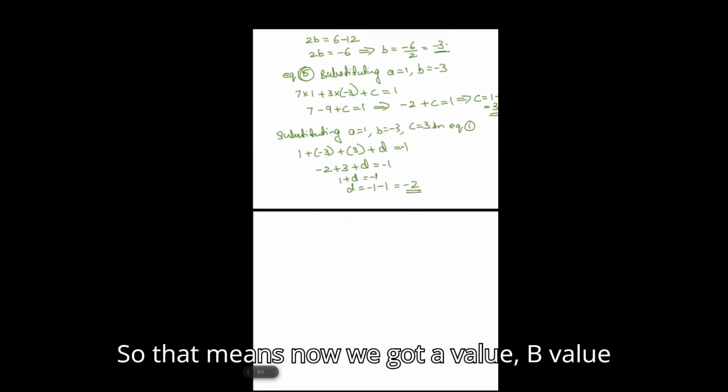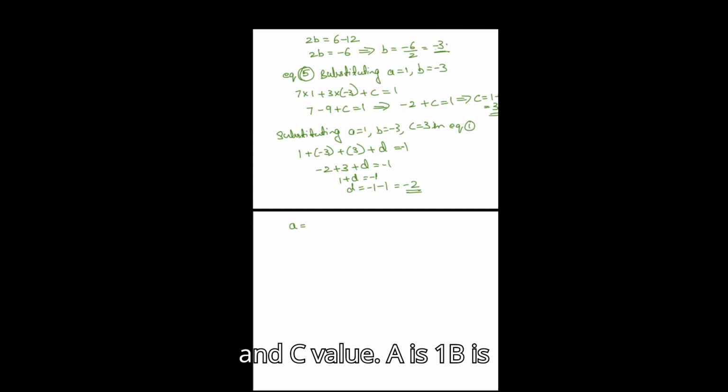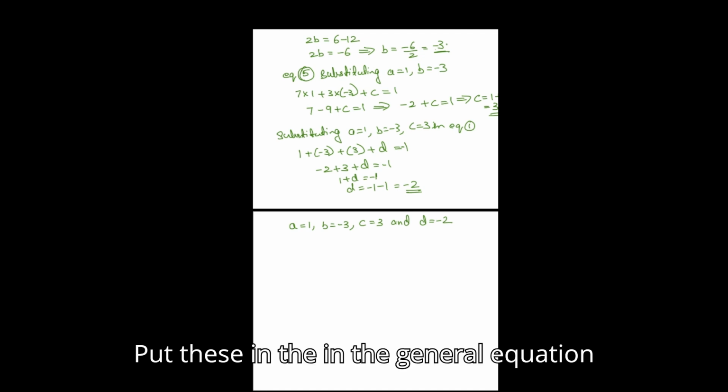So that means now we got a value, b value and c value. a is 1, b is equal to minus 3, c is equal to 3, and we also got d value, which is minus 2. Put these in the general equation.